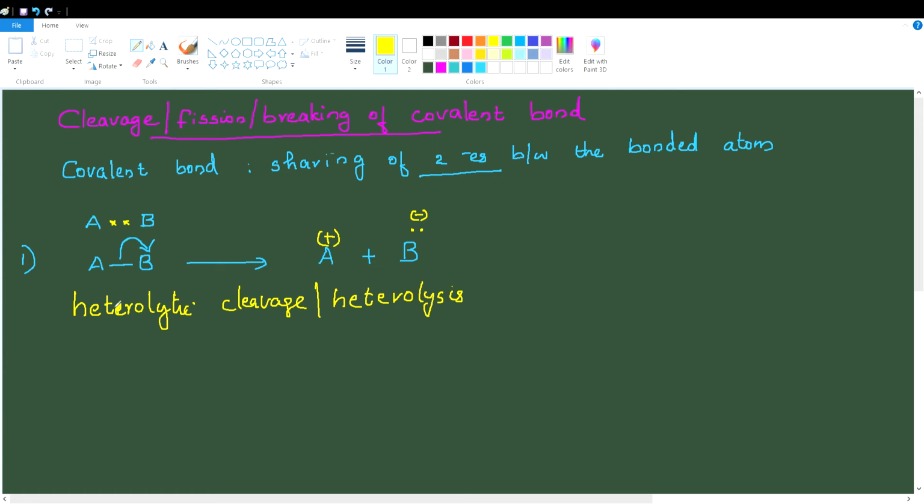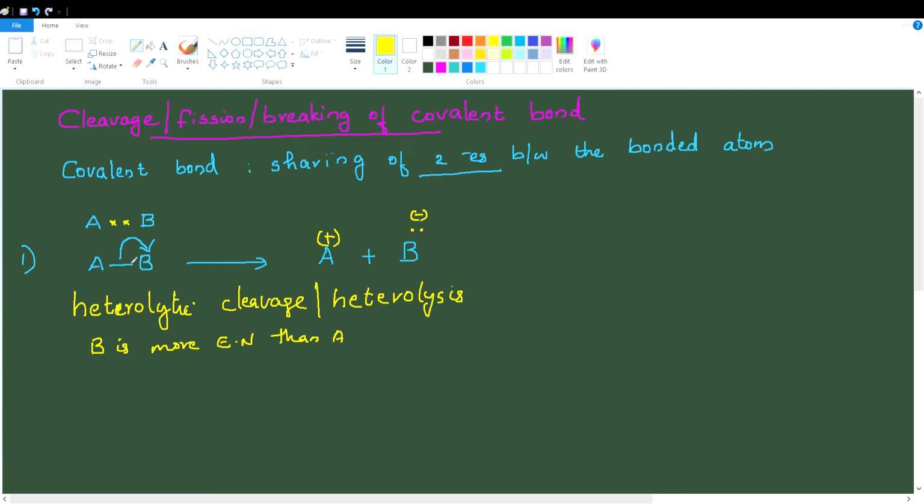Here the electron pair moves towards B because B is more electronegative than A. That is, the ability of B atom to attract the electron pair is more than that of A. So during the breaking of covalent bond, both the electrons move towards B. B becomes negative, A becomes positive.